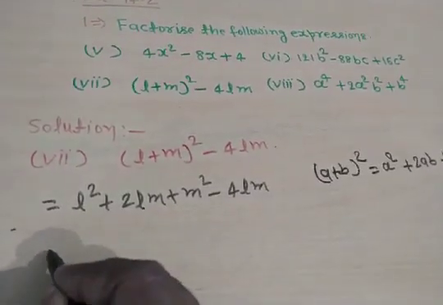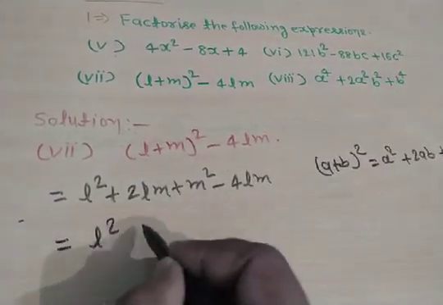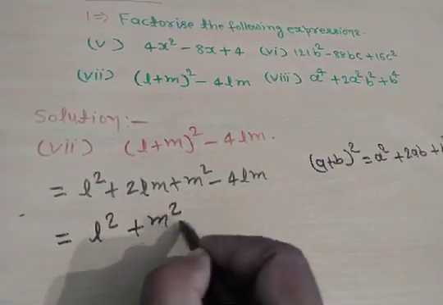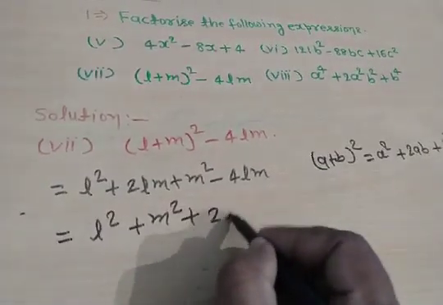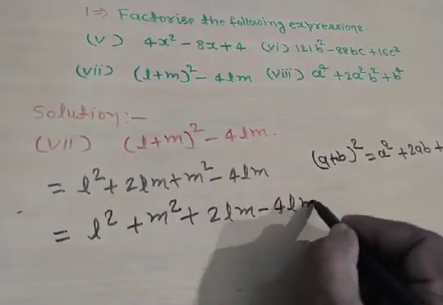So here we can write L square plus M square plus 2LM minus 4LM. Clear?